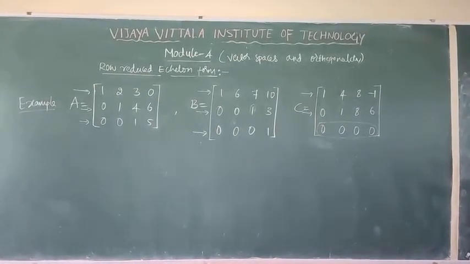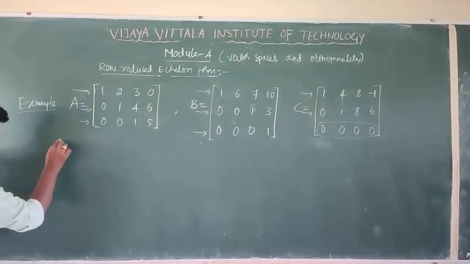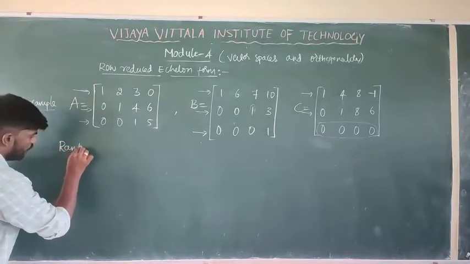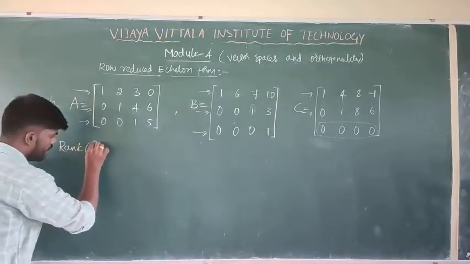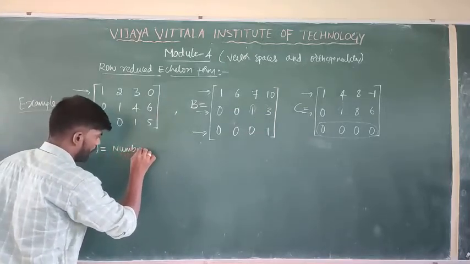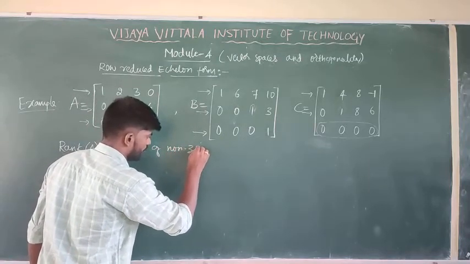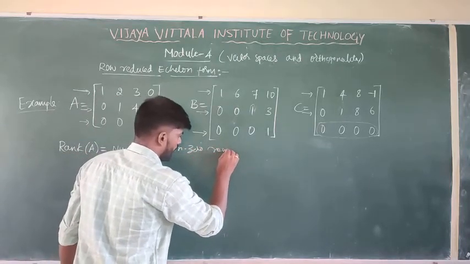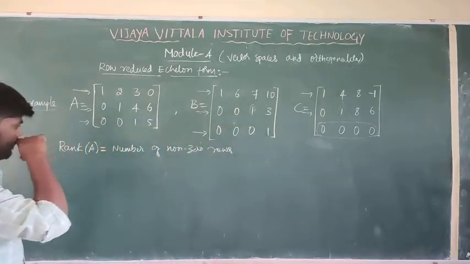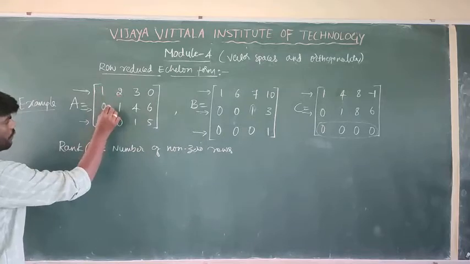In this matrix we have three non-zero rows. What is rank? The rank of this matrix A is the number of non-zero rows in row reduced echelon form. The non-zero rows are 1, 2, 3.